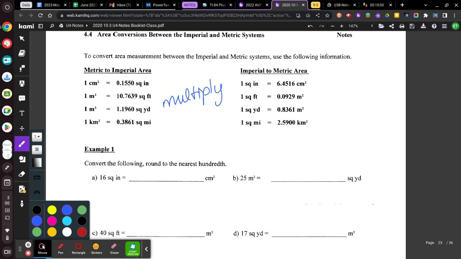So if I want squared inch to centimeters squared, I find that on my chart. I find out where squared inch starts. That's over on my right-hand side. And now I find out what number to multiply by, 6.4516. I multiply it all. It says round to the 100th.